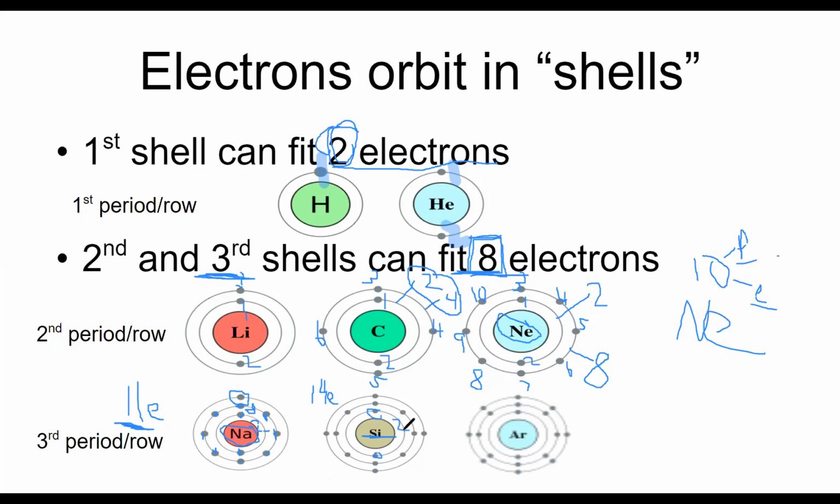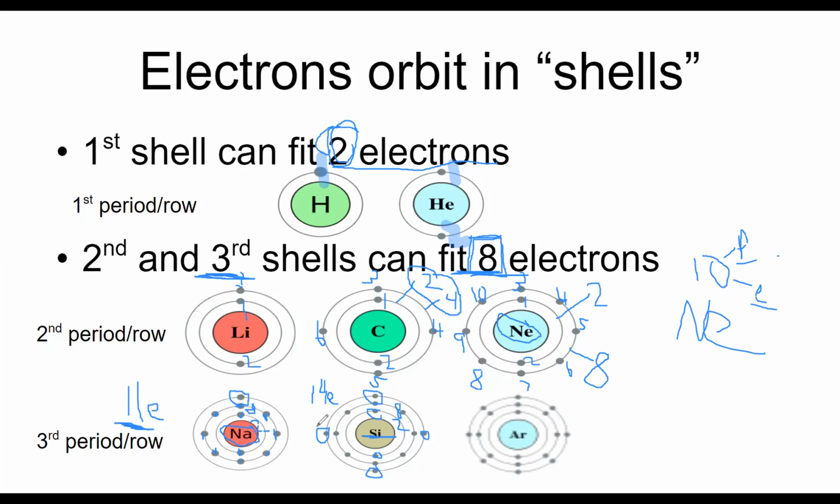We still have electrons left over. We've got a full set of 8 on the second shell, but we still have electrons left over. So after the first 2 shells, we've only put 10 electrons down. So we can fit 4 electrons on that third electron shell.